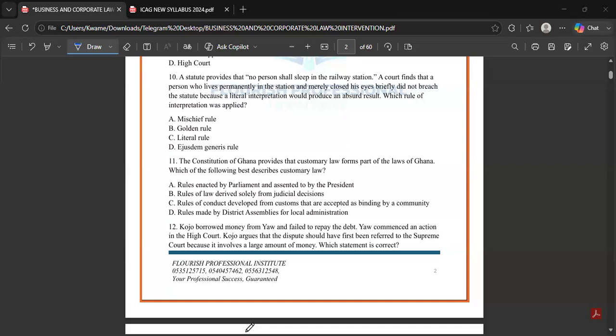So over here, the law says that no person shall sleep at the railway station. So listen to the law: no one should sleep there.